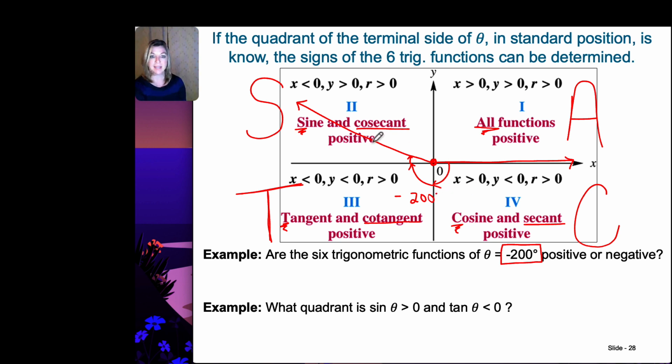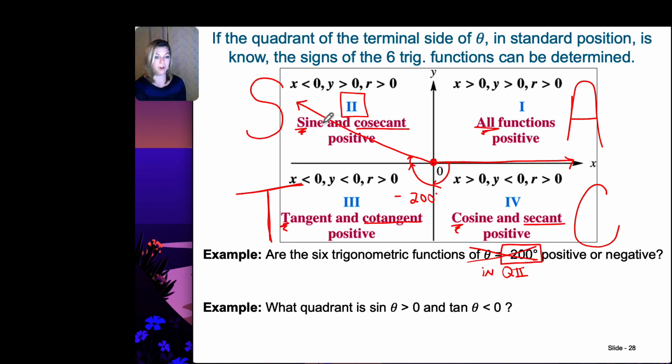And it lands in which quadrant? If you said quadrant 2, you got it right. Okay, so let's reread the question now. Are the 6 trigonometric functions, I'm going to change this to in quadrant 2, positive or negative?